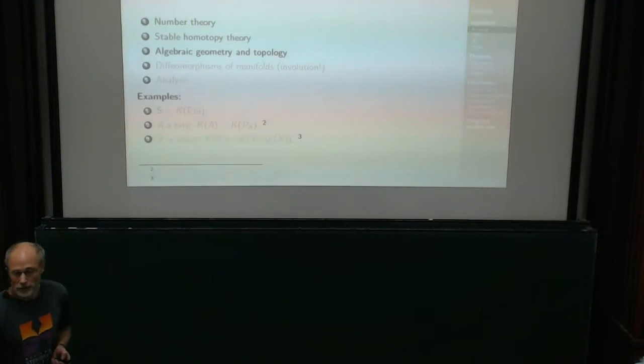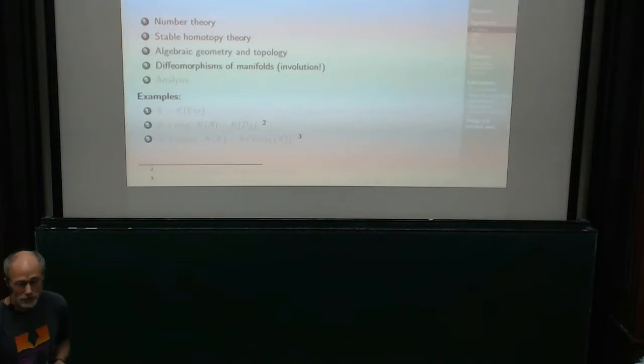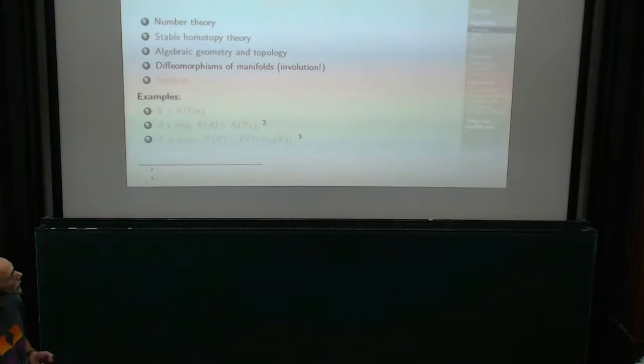And the real start for algebraic K-theory was Grothendieck, and so we're talking about algebraic geometry, and very shortly afterwards, Atiyah and Hirzebruch, topological K-theory. Relevant to Hermitian K-theory is Waldhausen's vision for algebraic K-theory of spaces, and algebraic K-theory of spaces has to do with diffeomorphisms of manifolds, of high-dimensional manifolds, and here involutions become essential.